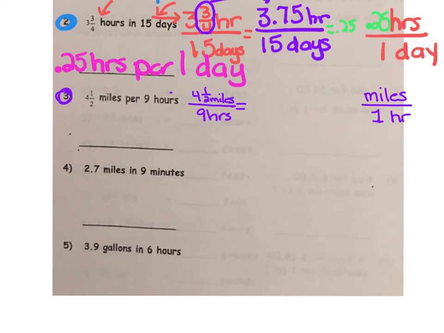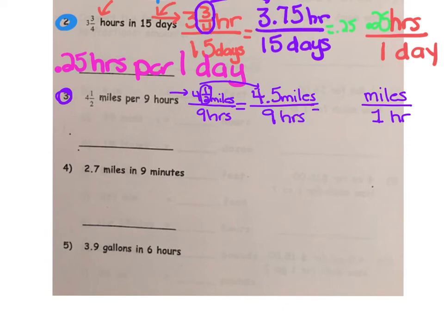Well, you can use your ABC key to do this division, 4.5 divided by 9, or we know that 1/2 is equivalent to, right, 4.5 miles divided by 9 hours.